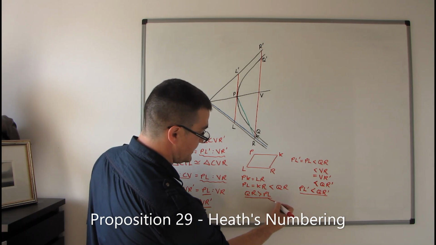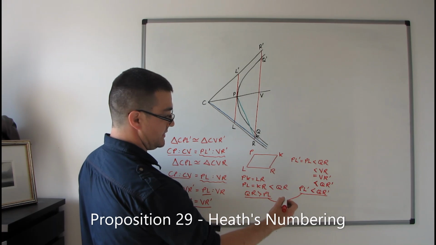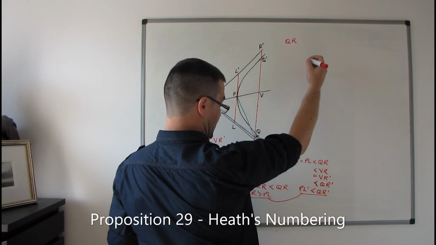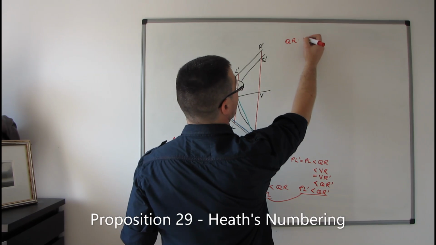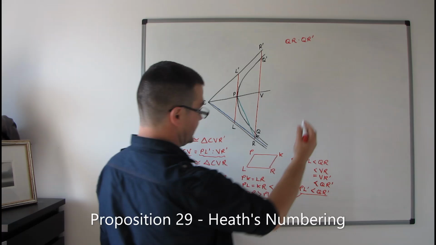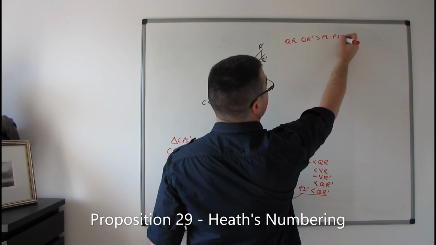So now putting these two together, if I just move up here, QR times QR primed is going to be greater than PL times PL primed.